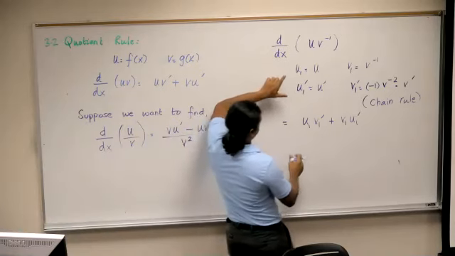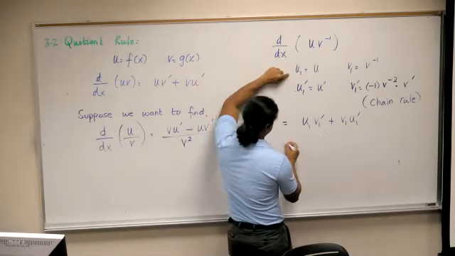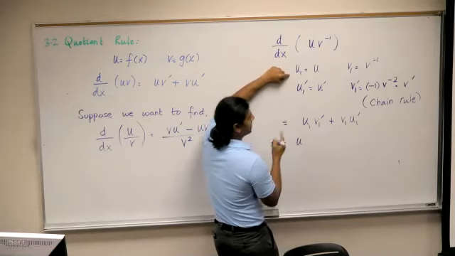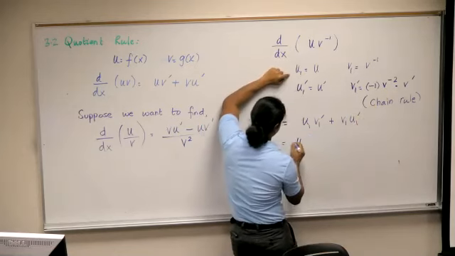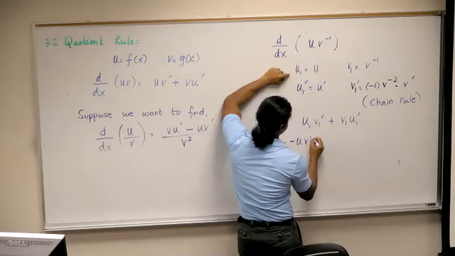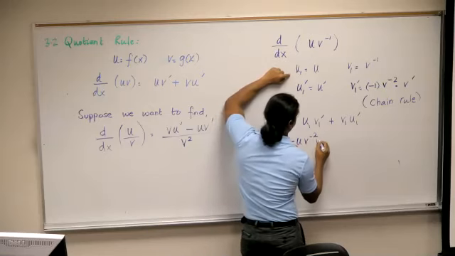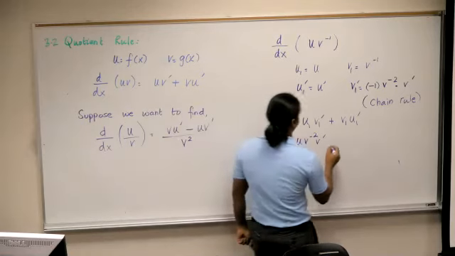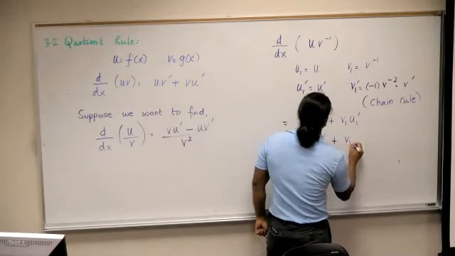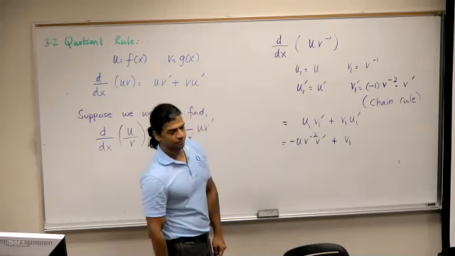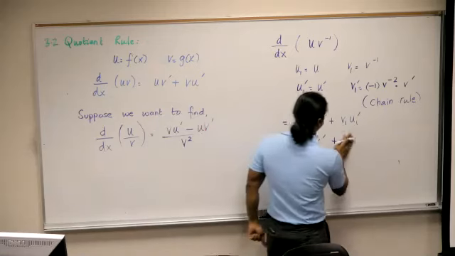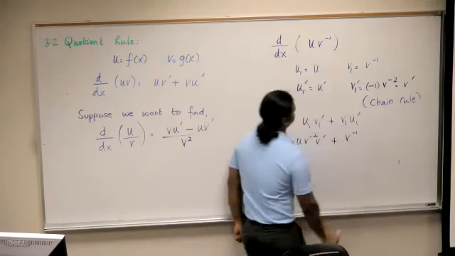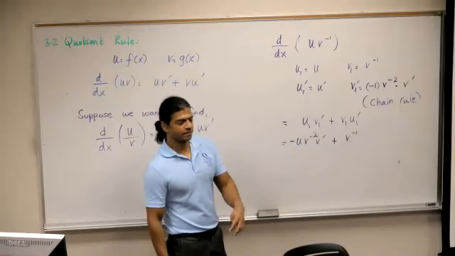So I'm going to use the formula u multiplied by that v raised to -2 v prime, plus v1, which is v inverse, multiplied by u prime.